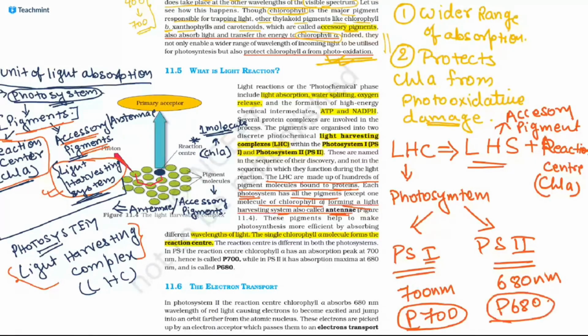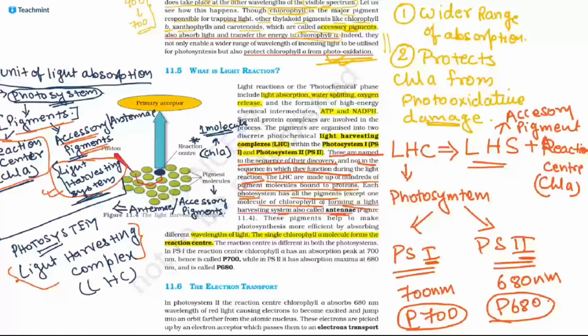Now, this numbering of 1 and 2 is not done on the basis of their presence during the electron transport. 1 is discovered first, 2 is discovered second. That's why 1 and 2. It is on the basis of their order of discovery, right? It is given clearly that these are named in the sequence of their discovery and not in the sequence in which they function during the light reaction. Understood this point? So this is also a very important one.